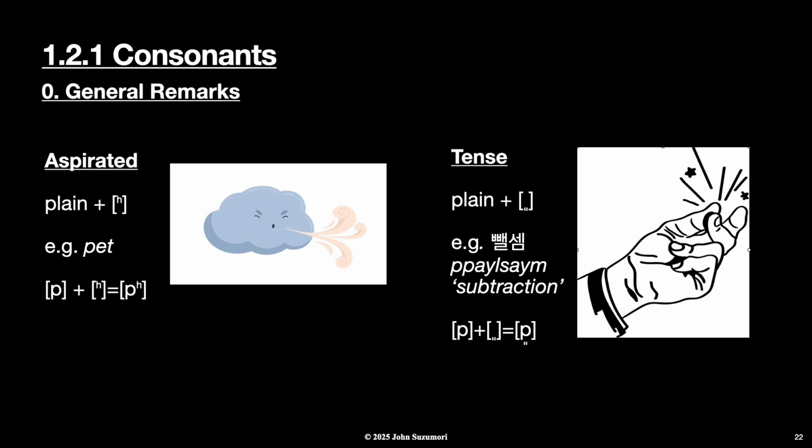Figuratively speaking, the tense consonant sounds are produced in a way somewhat similar to a finger snap. You cannot make a clear finger snap sound when the constriction is weak and loose, but you can do so with a strong and tight constriction. The two vertical line subscript indicates that the consonant in question is tense.